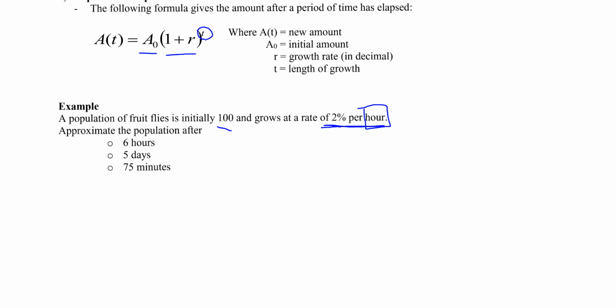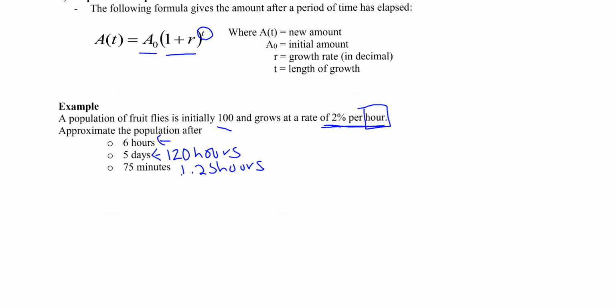So when we do our formula, we have to use hours for all of our formulas. So this one's okay, we have 6 hours. Days, we need to convert to hours. So I'll do 5 times 24, which gives me 120 hours. And then 75 divided by 60 will give me 1¼ hours, 1.25 hours. And we're just going to plug them into our formula now.